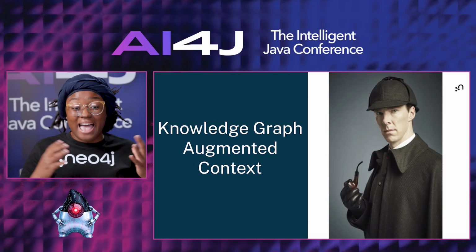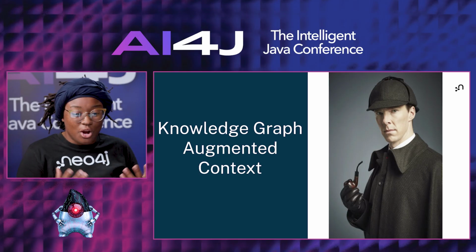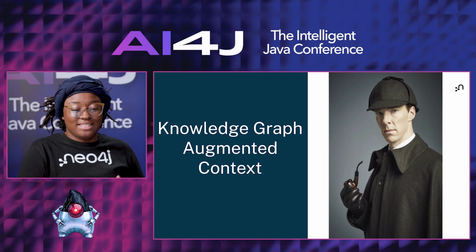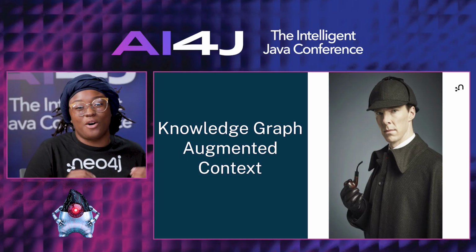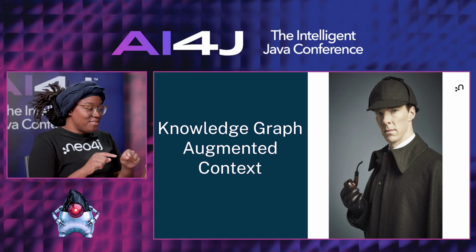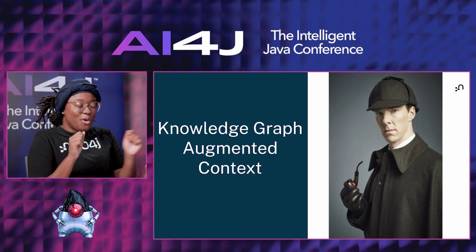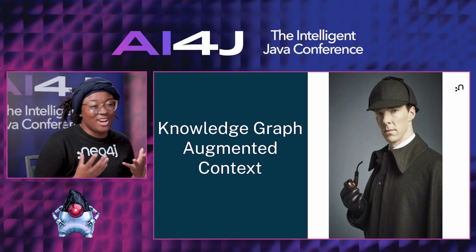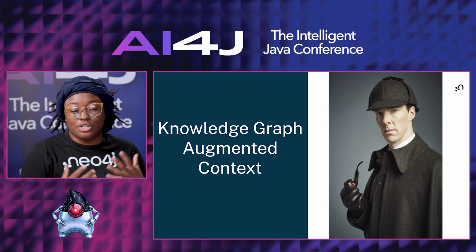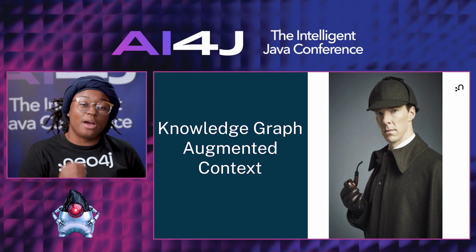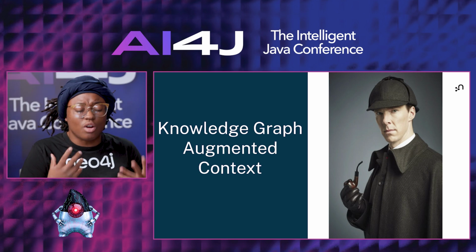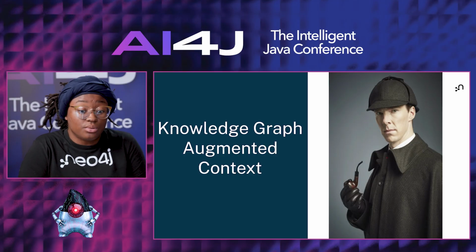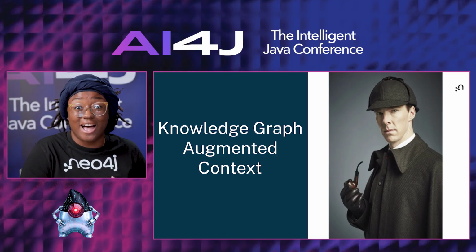And then lastly, this method that I'm going to talk about more today is using knowledge graph augmented context. So I have here the GOAT, the greatest of all time, Sherlock Holmes. I think that using knowledge graph augmented context is a very powerful way to introduce structured and relational knowledge into your agent's context.